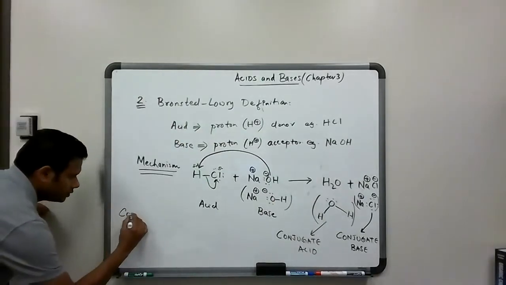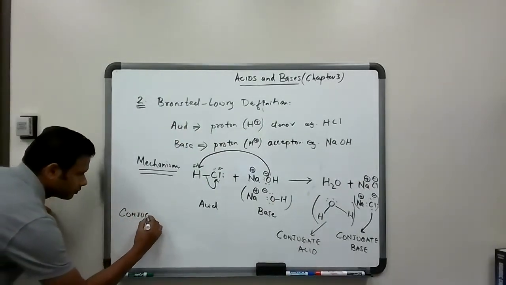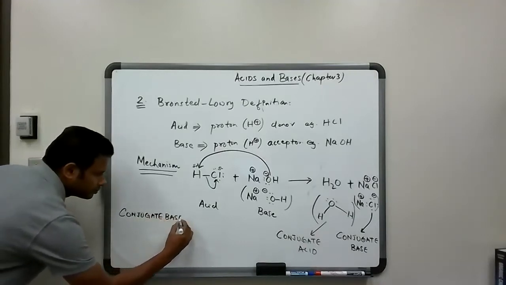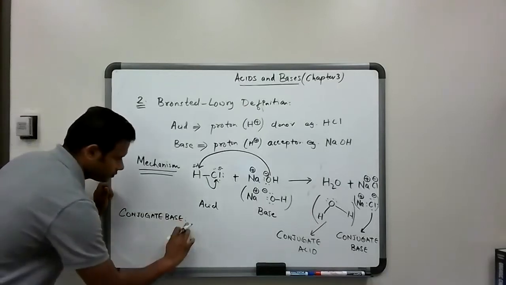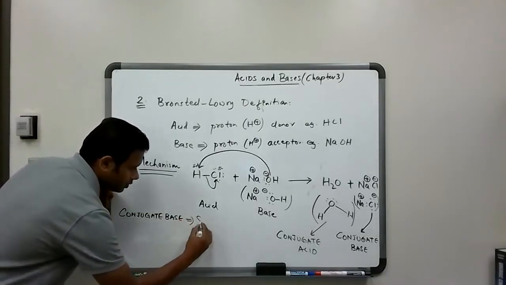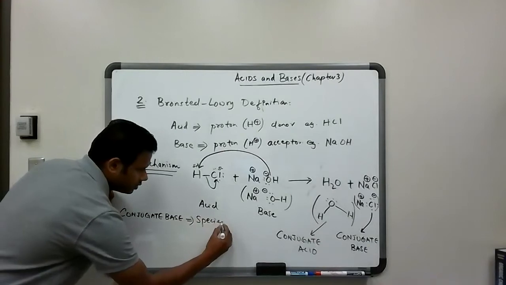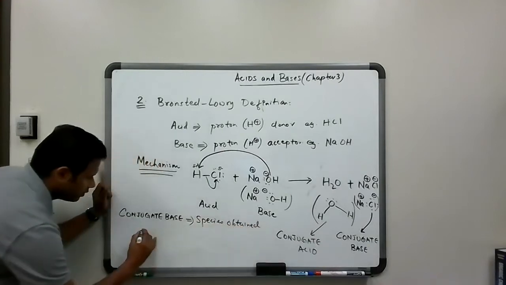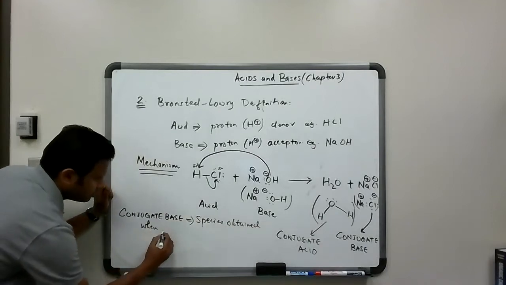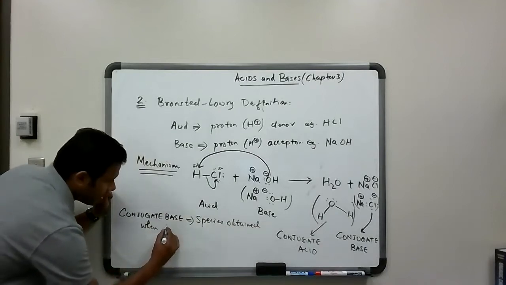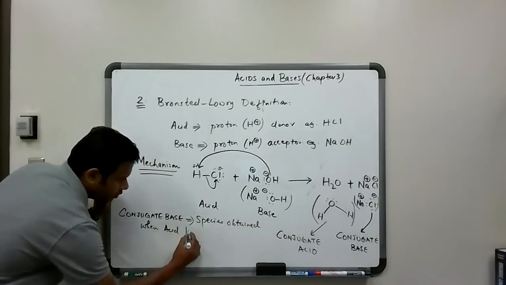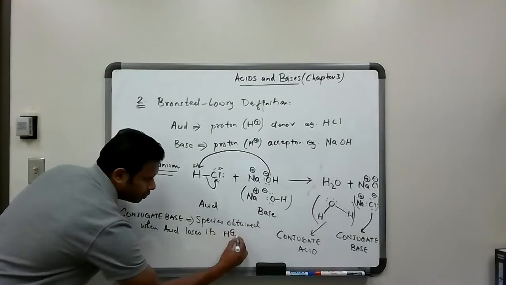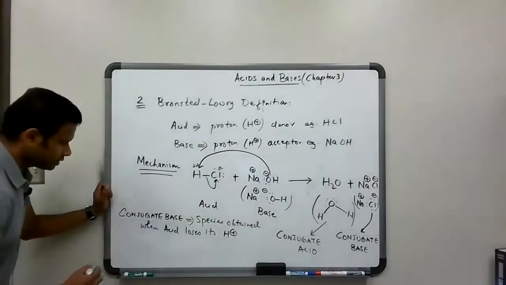So conjugate base is the species obtained when an acid loses its proton. That's the conjugate base.